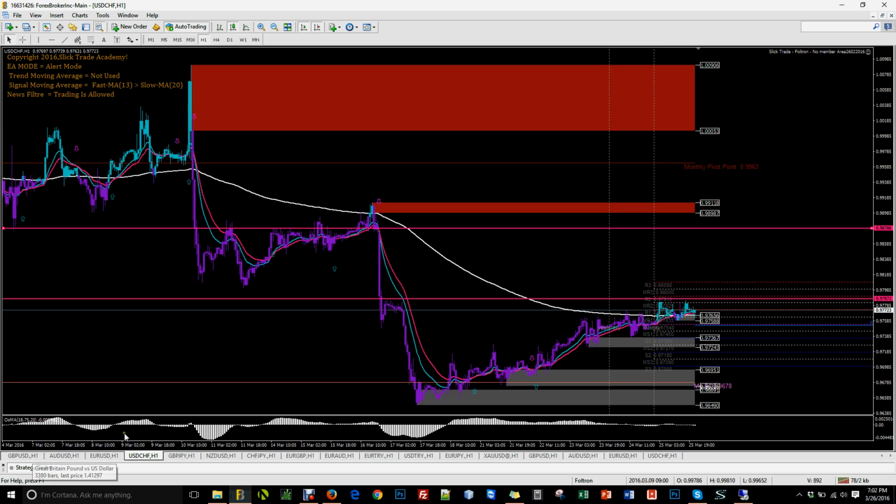Occasionally you'll have one pair that doesn't hit any take profit level. I don't remember the last time that has occurred, but nobody's right all the time.